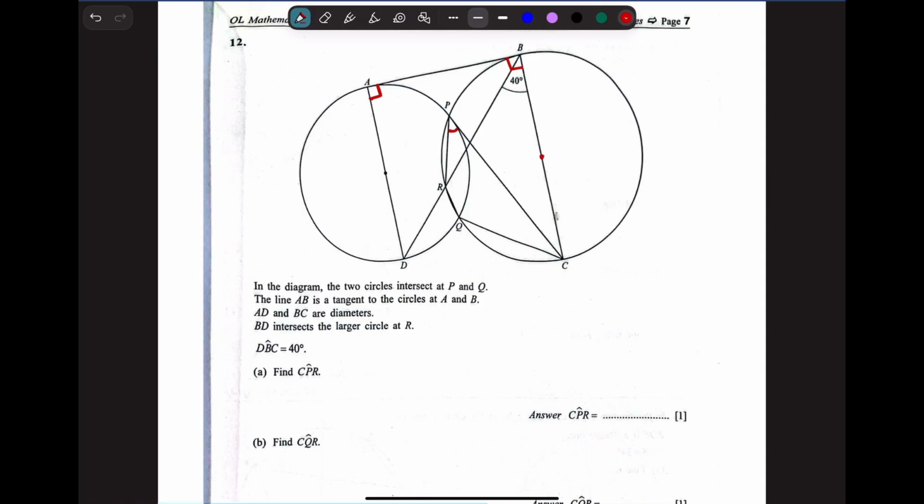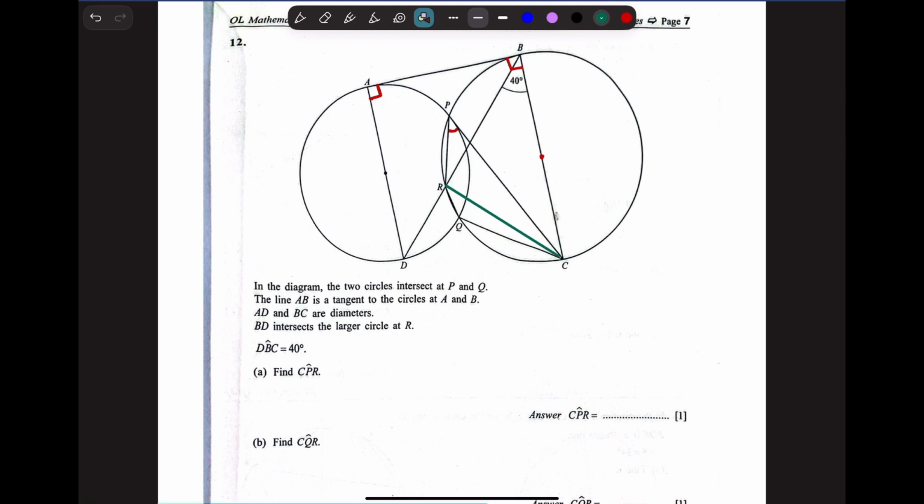What else do we have? If we focus on RC, the line which is basically an invisible chord, let's draw it for our convenience.